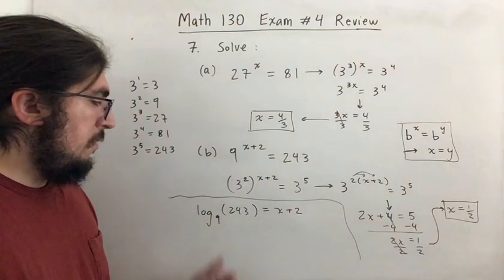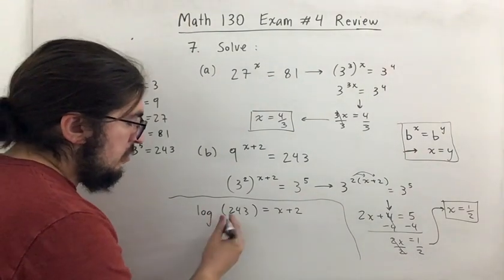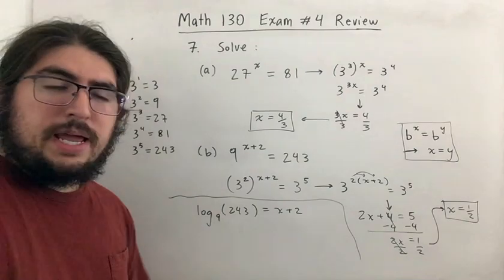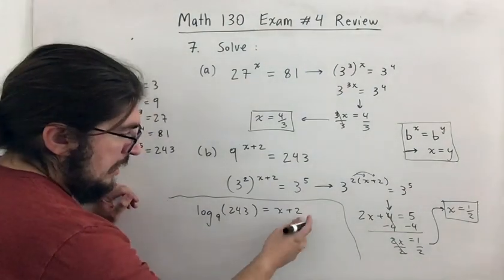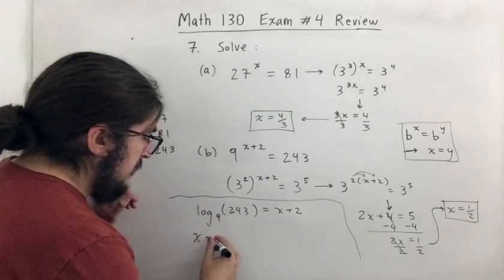Okay. Now, log base 9 of 243, that's a little hard to do by hand. You can actually use change of base formula, and then subtract 2 to the other side, you get x. So x is equal to -2.